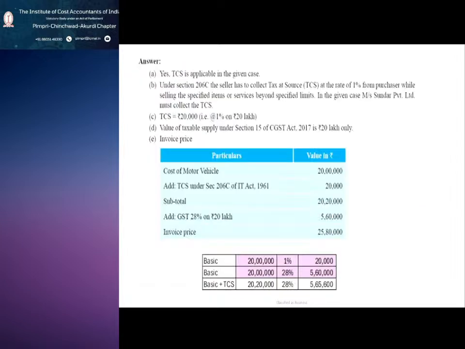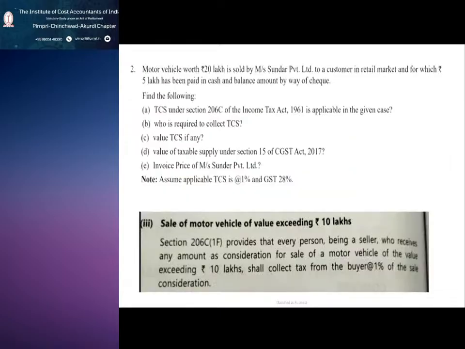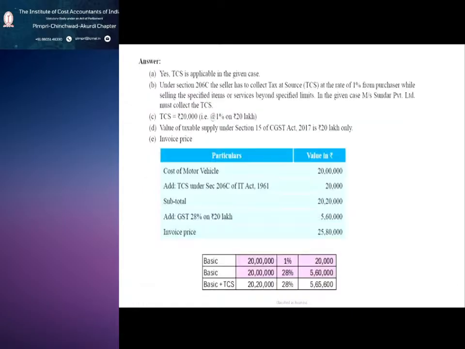So if your value is 20 lakhs, yes, it is related to sale of a motor vehicle, and you need to collect 1% from the customer. That same needs to be mentioned in your invoice as well. So this is for some items, it is not applicable for all.